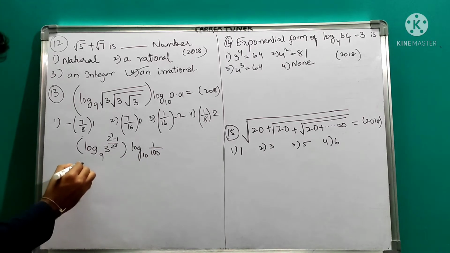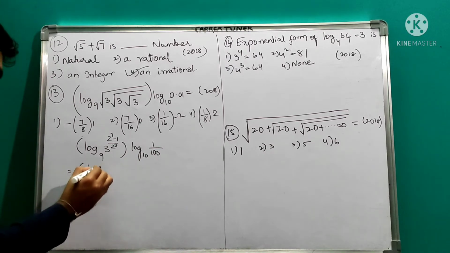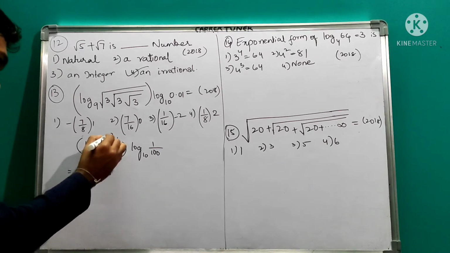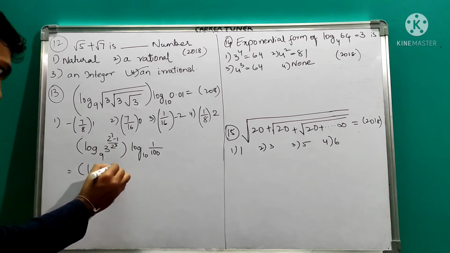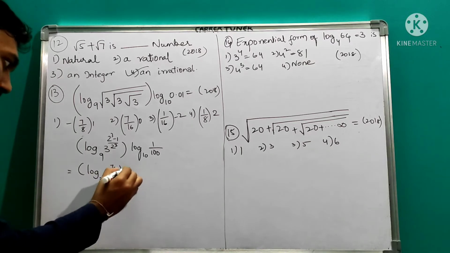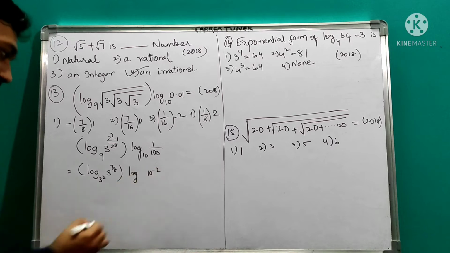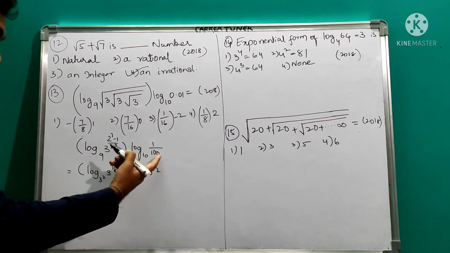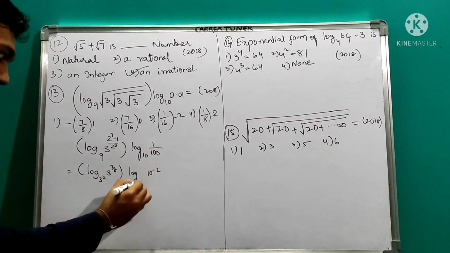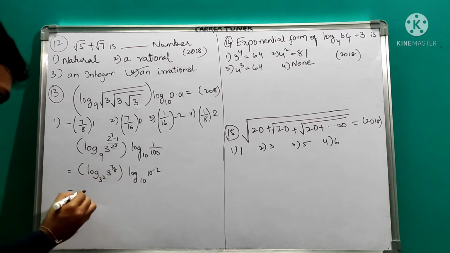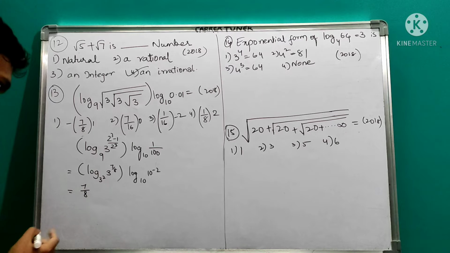Okay. Now see how we are going to solve it. This can be written as 3 square, and here it is nothing but 3 power 7 by 8. Okay. So log, here it is nothing but 10 power minus 2. So directly this is 10 square. So if it comes to the numerator it becomes minus 2 base 10. Now here you can see this power will come here and whatever 3 power 2 is there, that will come into the denominator. Okay.